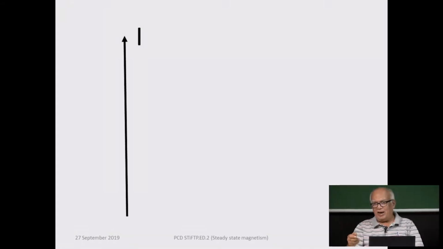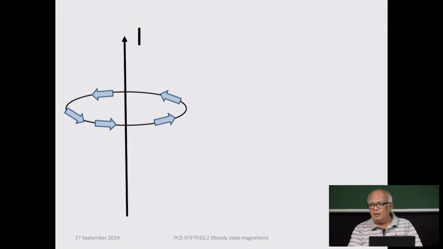If you keep tiny magnets around it, the magnets will get aligned in a particular direction. Okay? It is very regular. So, you just sprinkle tiny magnets around this wire, and they will organize themselves so that they always point in a particular direction along these circular paths.